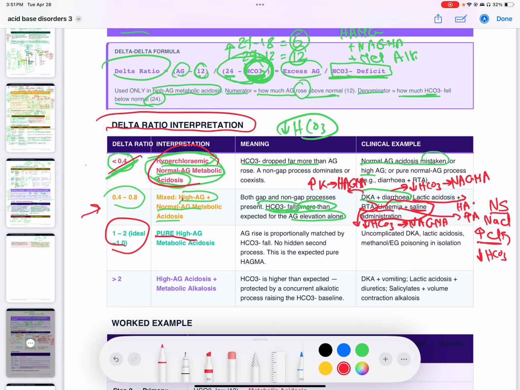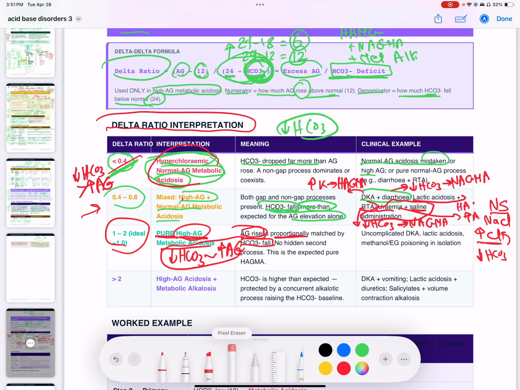That means you're having pure high anion gap metabolic acidosis. So you have the bicarb fall, which is the lower number, and proportionally you're having an anion gap increase. So you have a decrease in the bicarb that's almost equal to the increase in the anion gap, or matches the anion gap. In those two earlier cases, you're having the drop in the bicarb more than the increase in the anion gap.